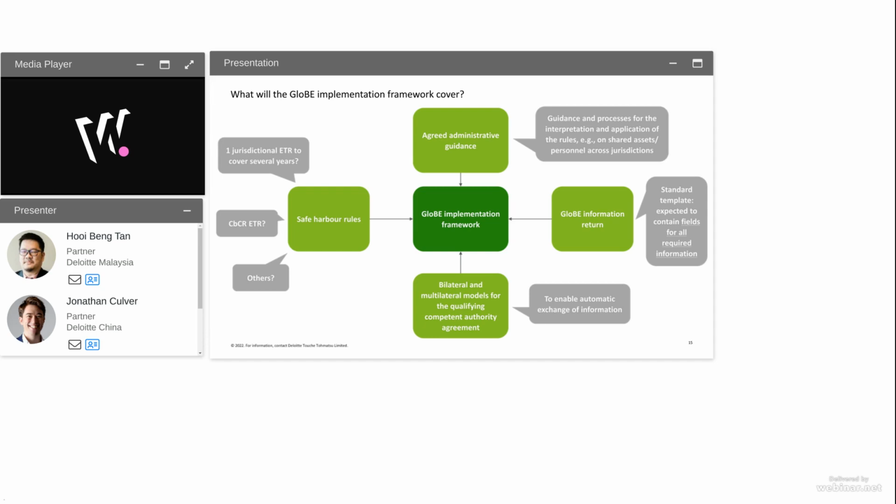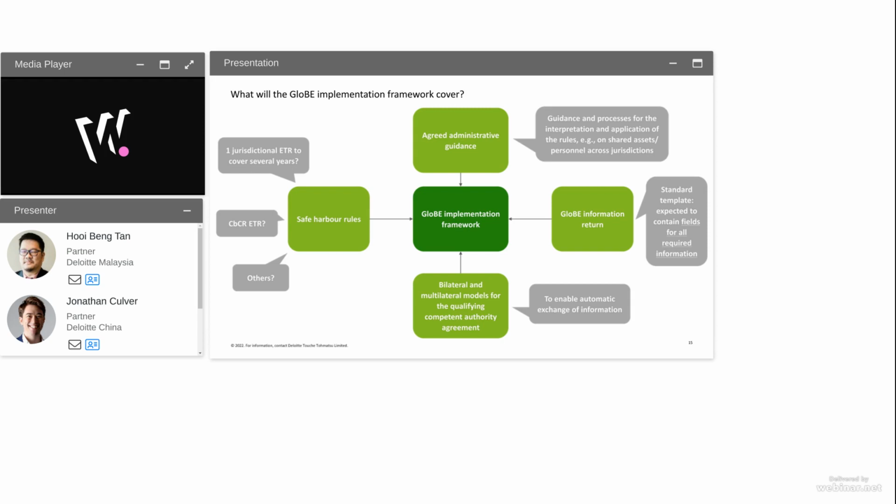In the absence of an exchange of information, the constituent entity is expected to file a copy of that return to that relevant authority as well. So really the mechanism for this is very important, and will probably be laid down nicely in the implementation framework.